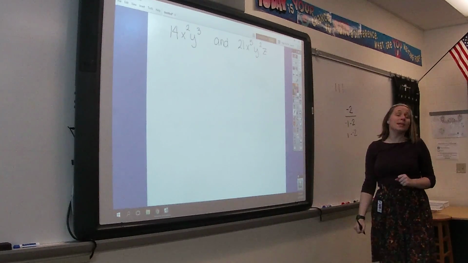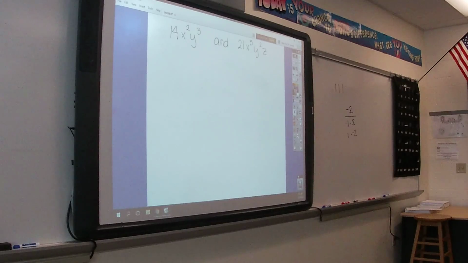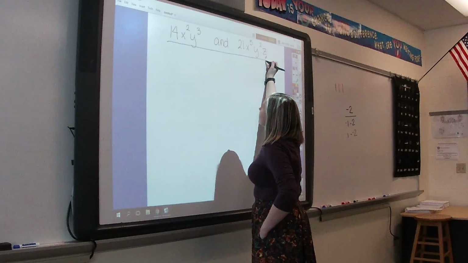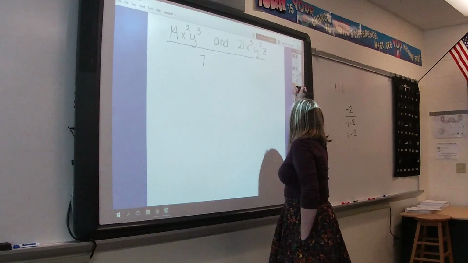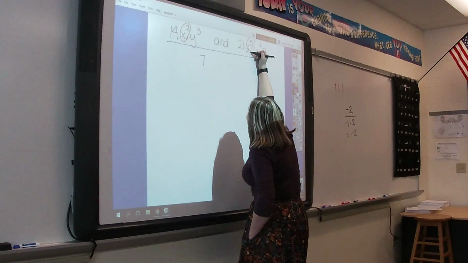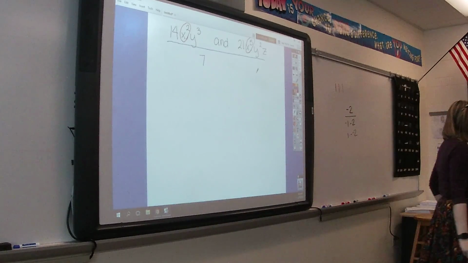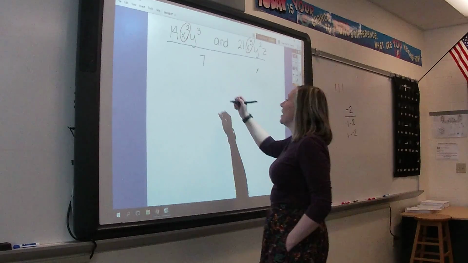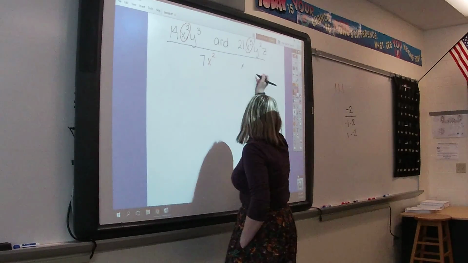What goes into 14 that will also go into 21? 7. Then we're going to look at the variables. Do they both have an x? Yes. What's the smaller exponent? The 2, so this will be an x squared.